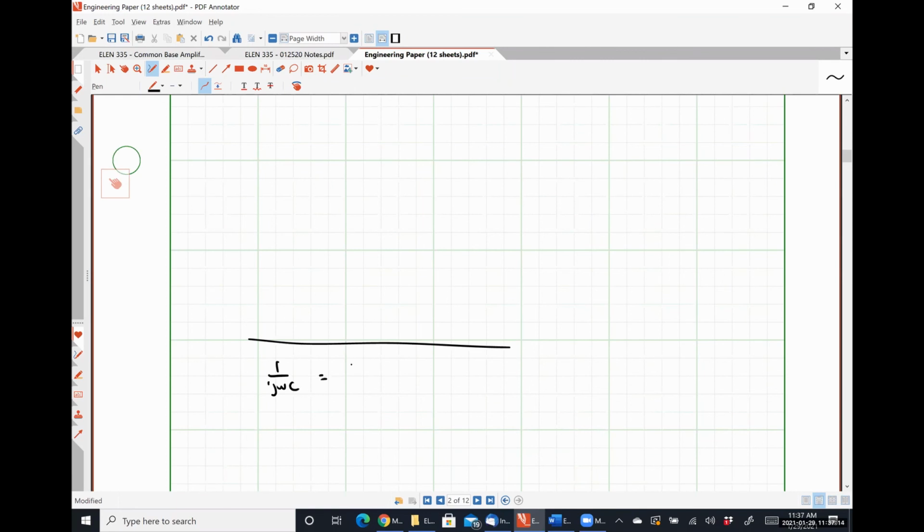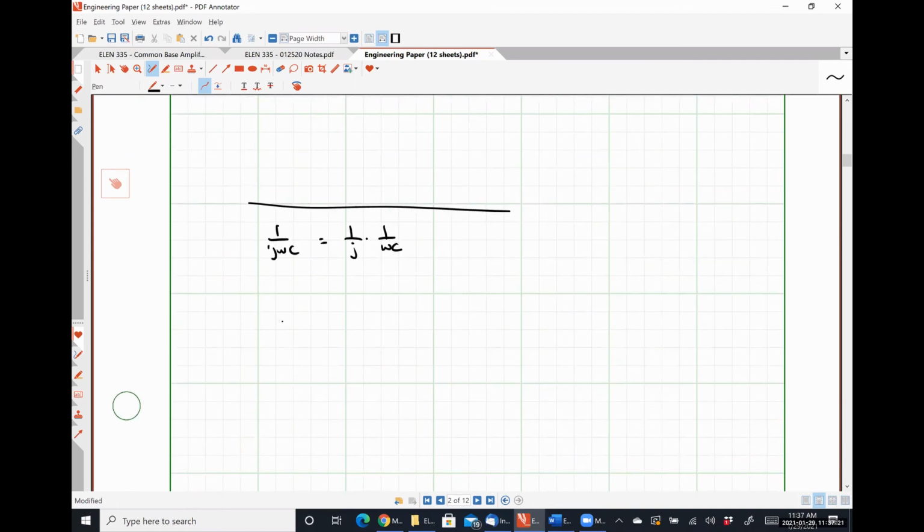This is the same thing as 1 over j multiplied by 1 over omega C. Well, j to the minus 1 power, 1 over j times j over j, gives us j over j squared, which is negative j in the numerator. So we can call this guy negative j over omega C as well. So it's either this one or this one, but it should never be negative j in the numerator divided by omega C.